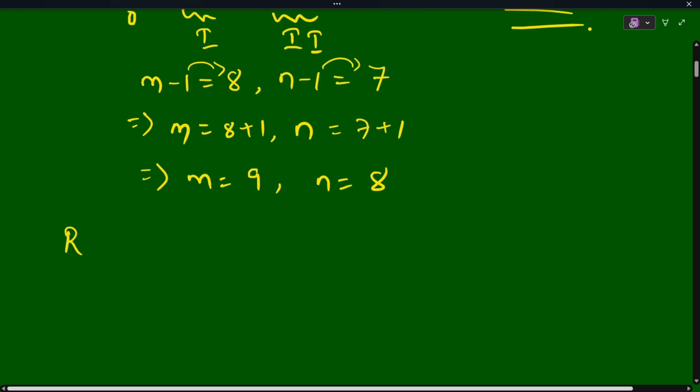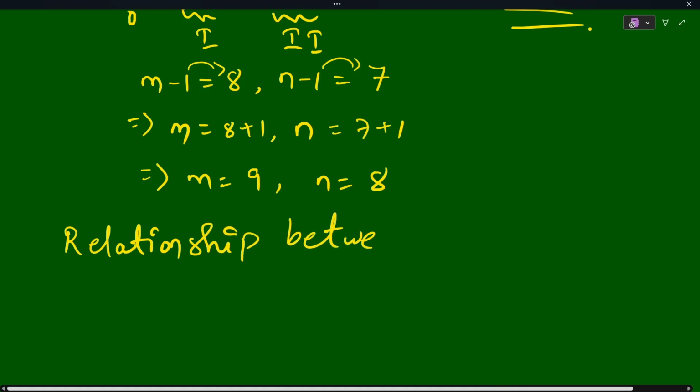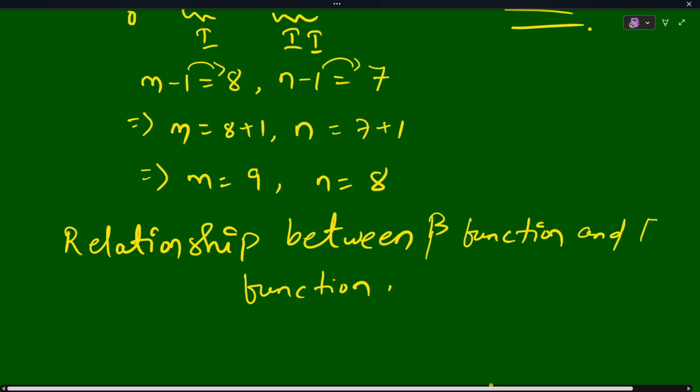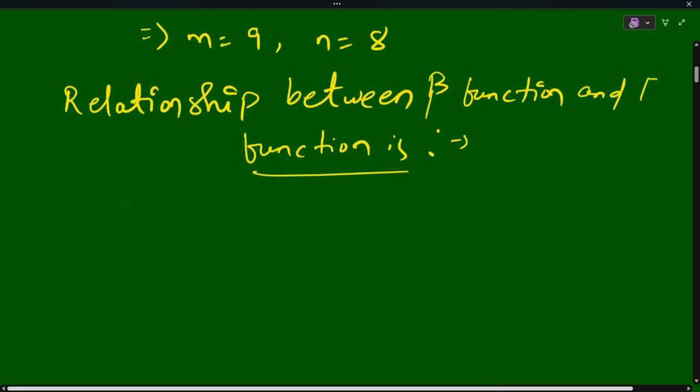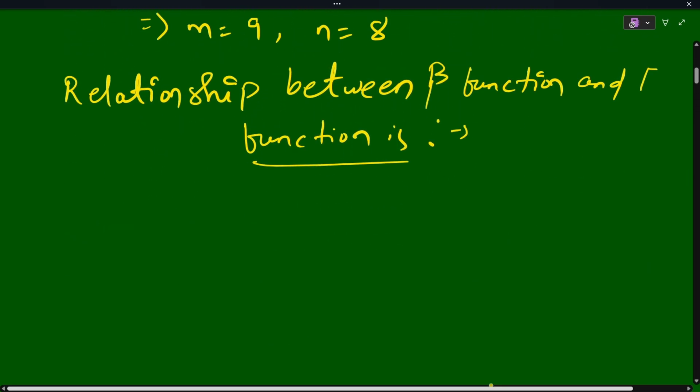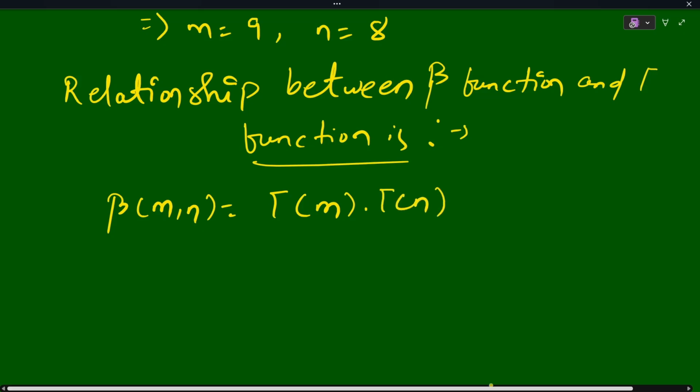The relationship between the beta function and the gamma function is: beta m, n is equal to gamma m into gamma n divided by gamma of m plus n.